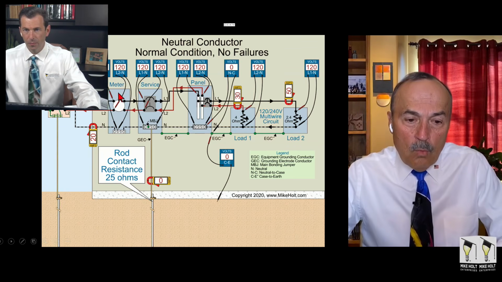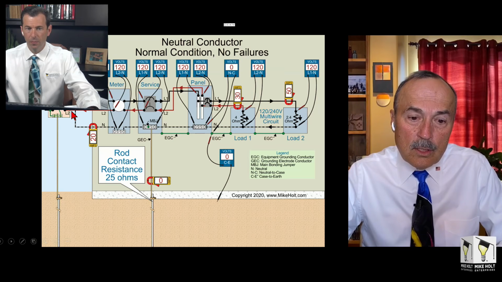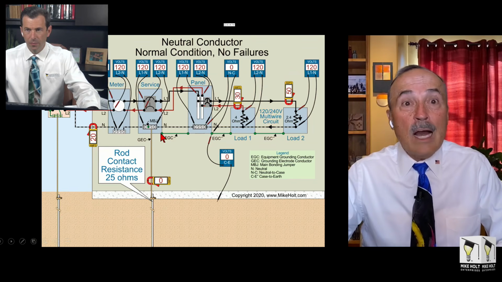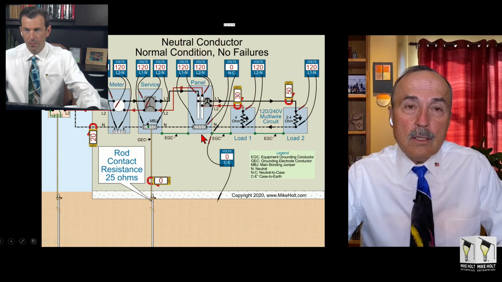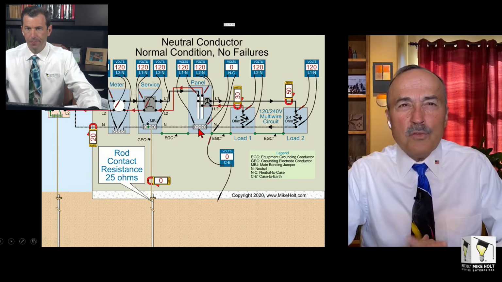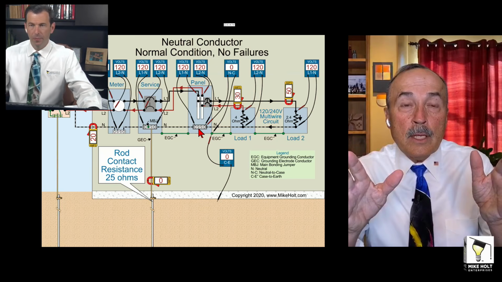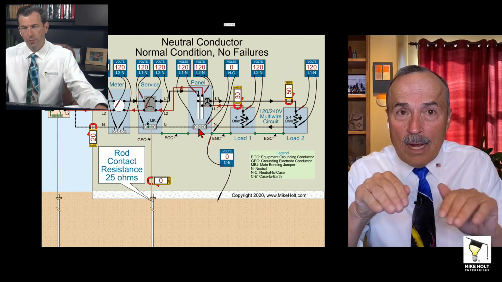If current leaves the source and comes back to the source, we don't want current traveling on this equipment grounding conductor. So how do you prevent that? You don't put a screw right there. So guys, forget about this sub panel, all this other stuff. You can't have the neutral in parallel with the equipment grounding conductor.